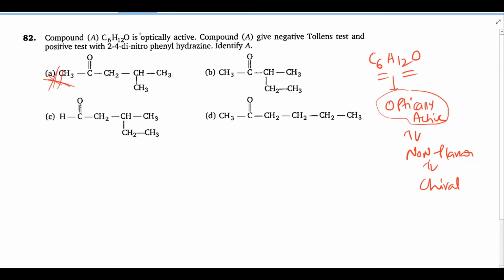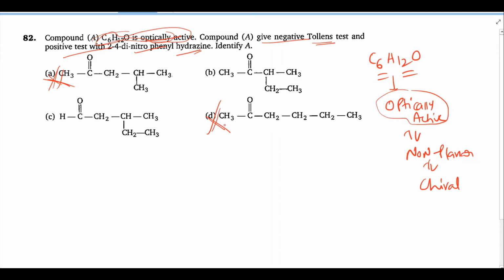The compound A gives a negative Tollens test and a positive 2,4-DNP test. First of all, this will be optically active, so you have to check with the options. This one is not optically active.